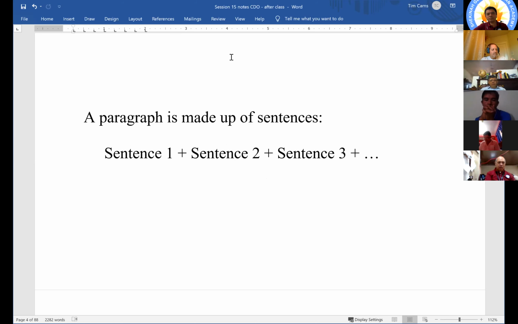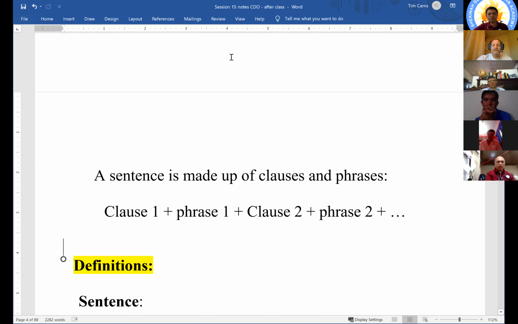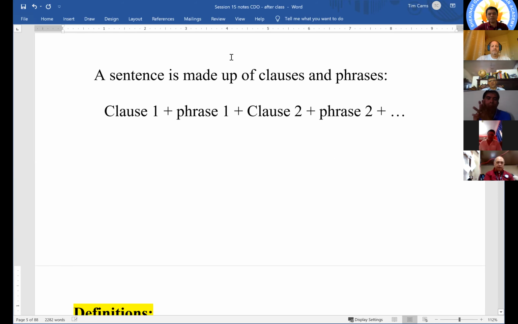So you can think of it maybe like the topping and the crust and the inner part, the custard, the pudding. Those all represent sentences that make up the paragraph. Okay? Now if I take each sentence and break it down, a sentence is made up of clauses and phrases.